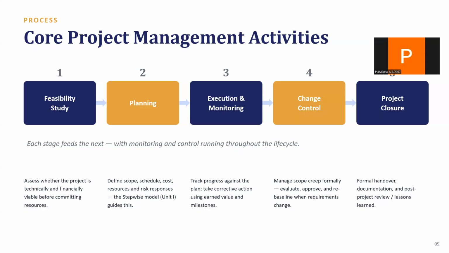Execution and monitoring: track the progress using earned value and milestones, and take corrective actions. Change control: formally evaluate, approve, and re-baseline when requirements change. And project closure: formal handover, documentation, and post-project review to capture lessons learned. Each stage feeds the next, but monitoring and control run continuously underneath everything.